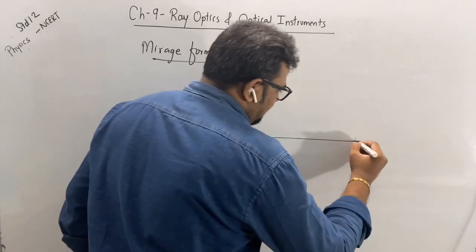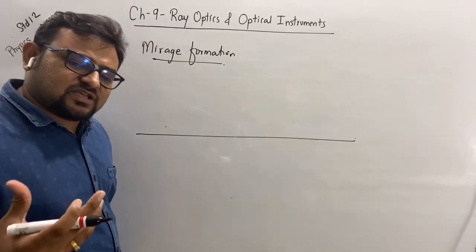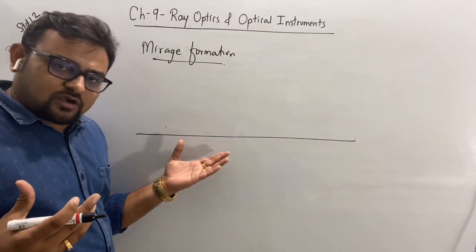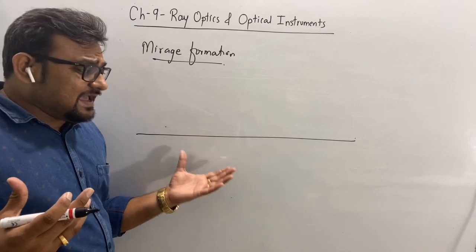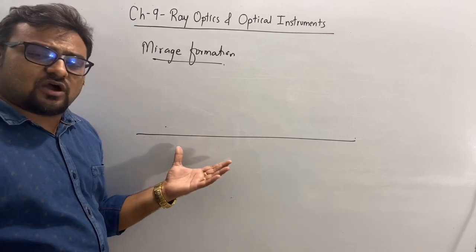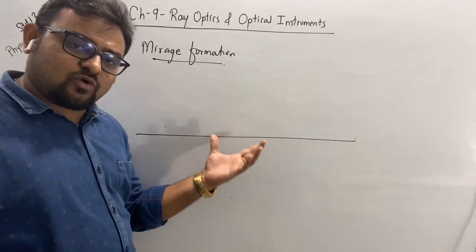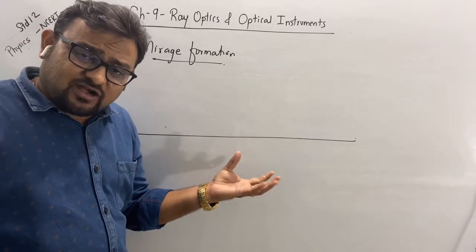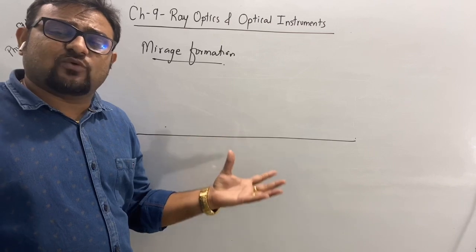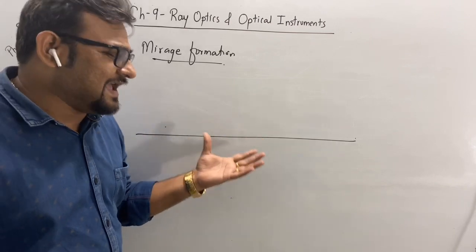What happens in summer? The ground surface is hot, right? So the air that is closer to the ground, or in contact with the ground, becomes hot, and due to that it will be optically rarer.